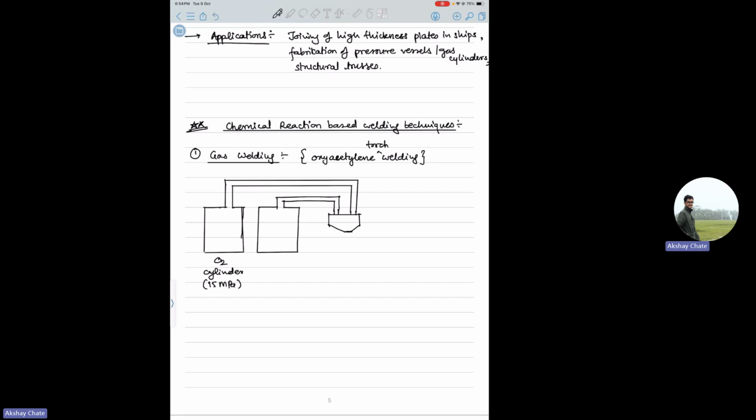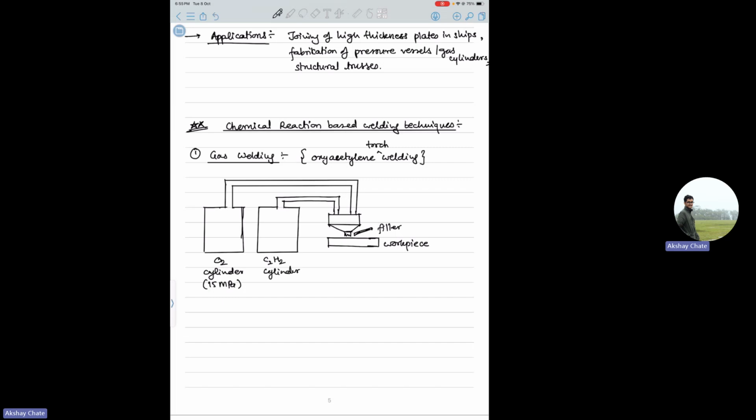At the end you'll have some nozzle, and then your workpiece will be there. So here you will have a flame, and then you put some filler material which melts, and then you have welding. So this will be your acetylene cylinder.